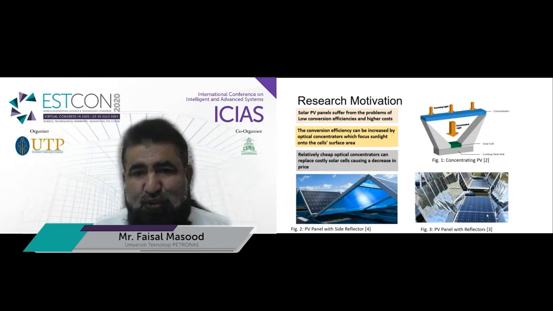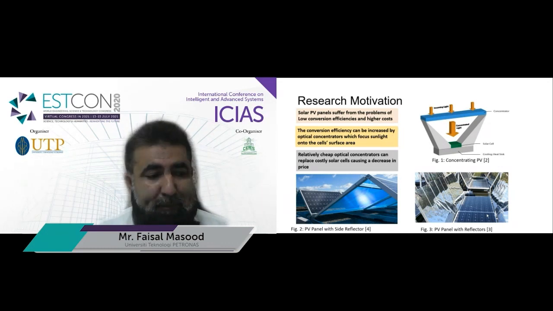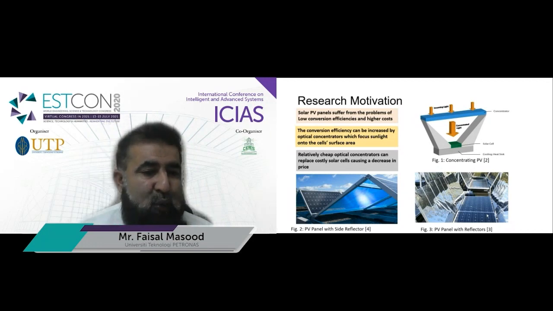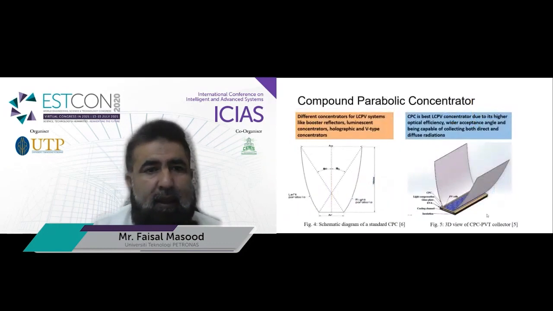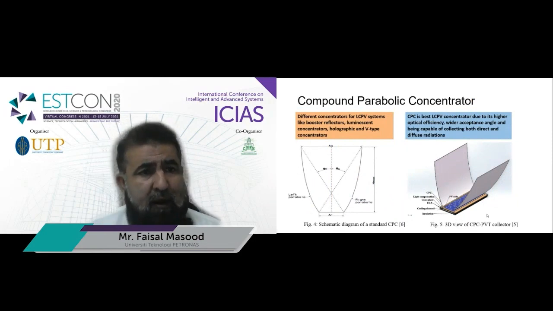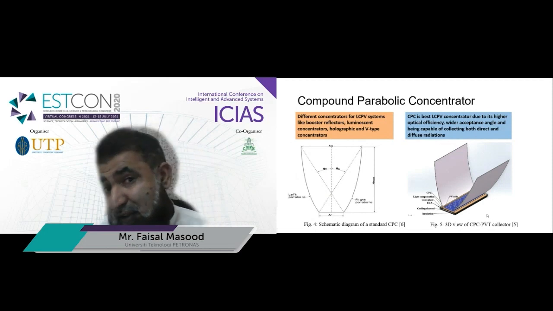Figure 1 shows the basic concept of concentrating PV, whereas figure 2 shows a PV panel with one side glass reflector, and figure 3 shows a PV panel with reflectors on both sides. There are a number of different concentrators available for low concentration photovoltaic systems, like booster reflectors, luminescent concentrators, holographic and V-type concentrators.